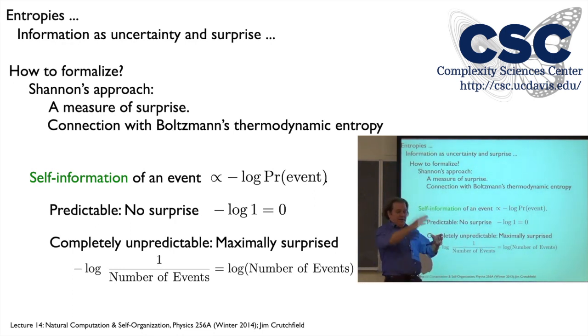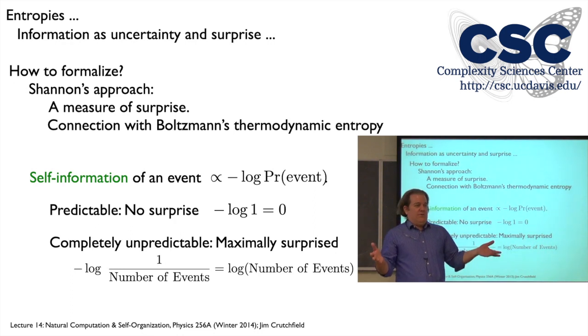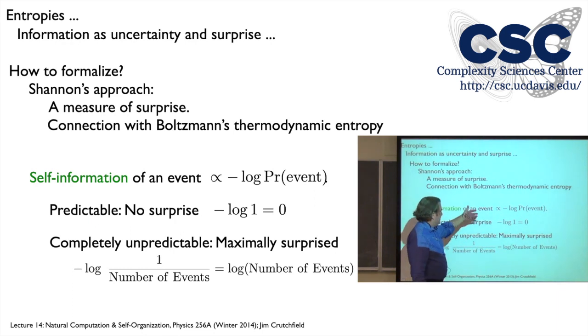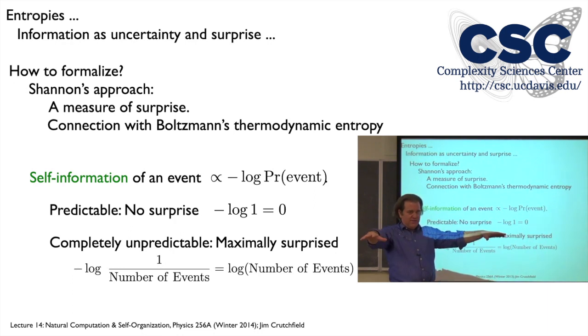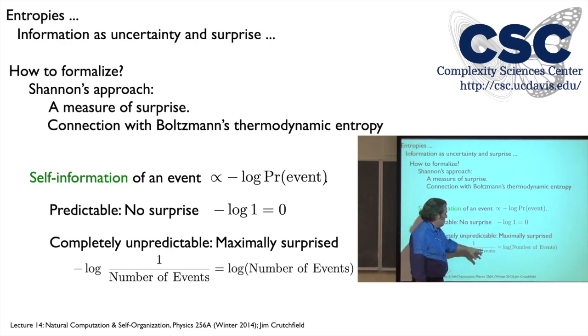At the other extreme, we have something like a fair coin, or where we're completely uncertain as to what's going to happen tomorrow with the weather. Imagine we have some set of events, heads, tails, whatever. In that circumstance we have no prior prejudices about what's going to happen, no knowledge, the events can occur with equal probability, and then this measure of surprise should be the largest. So plug that in. If we have some number of events, they each occur with probability 1 over the number, uniformly.